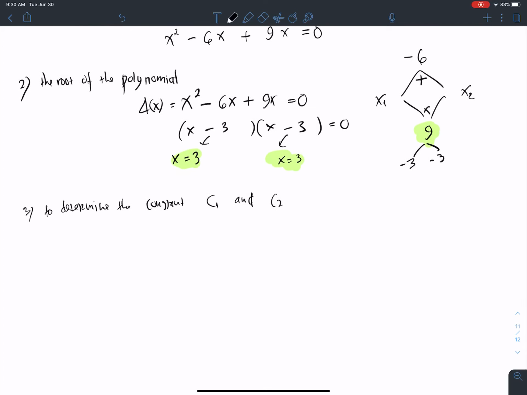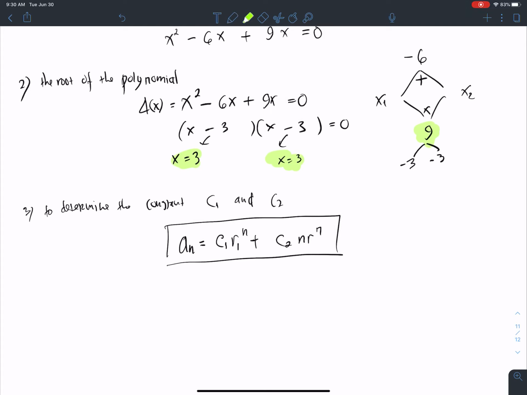The general form now is C1 R to the power of n plus C2 n R to the power of n. This is where it differs. Over here we have another n, which is not applicable if the roots are different. Only when the roots of the polynomial are equal do we have the n component in the general form. Otherwise, all will be the same. Use the formula.